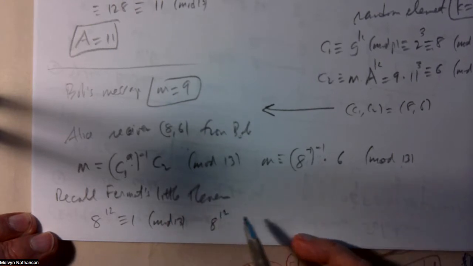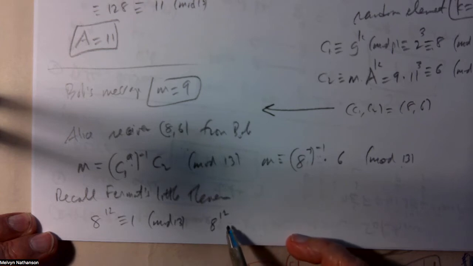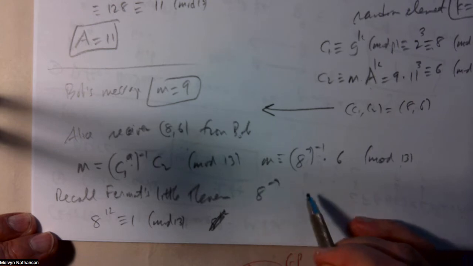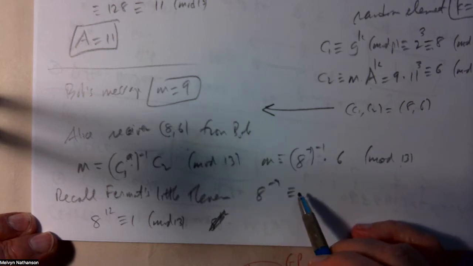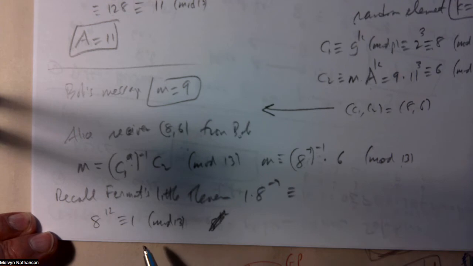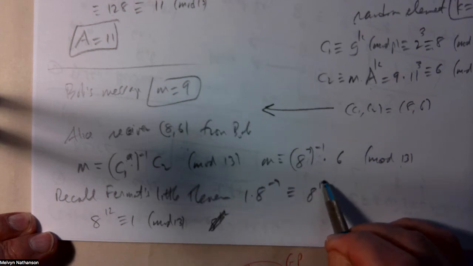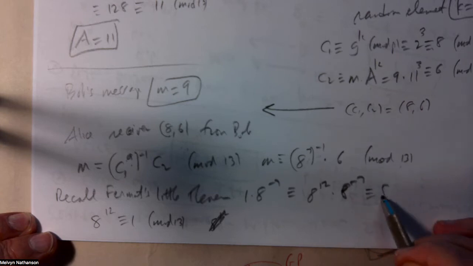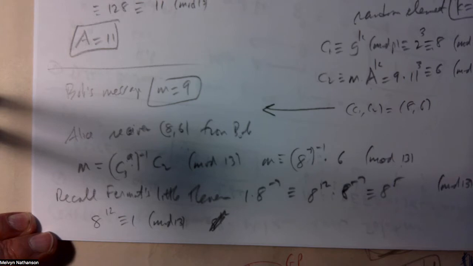So this is 8 to the minus 7th, which is the same as 1 times 8 to the minus 7th, and 1 is 8 to the 12th times 8 to the minus 7th. This is 8 to the 5th mod 13.